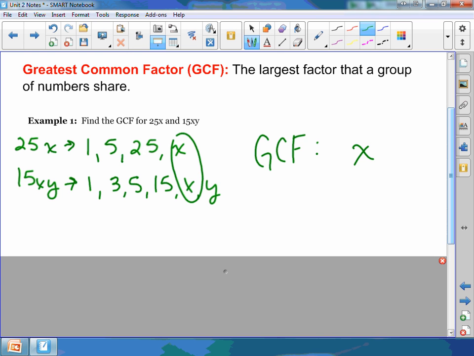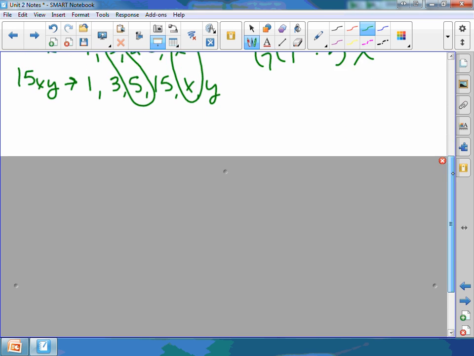So it's going to be something x. Jake? 5x. The largest factor that they both share is 5. So our GCF between 25x and 15xy would be 5x. Because I could divide both of them by 5x.